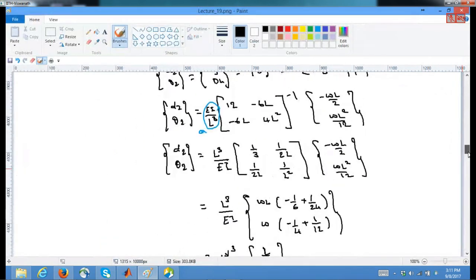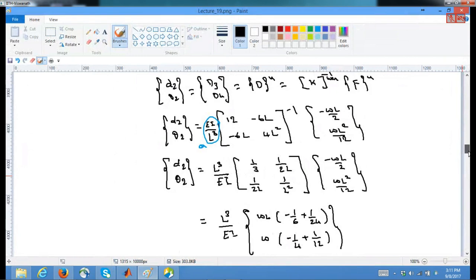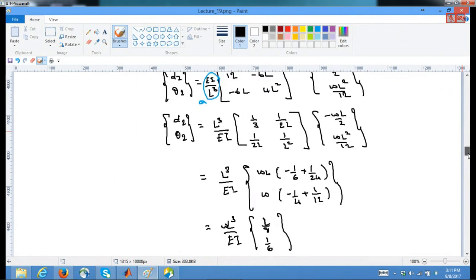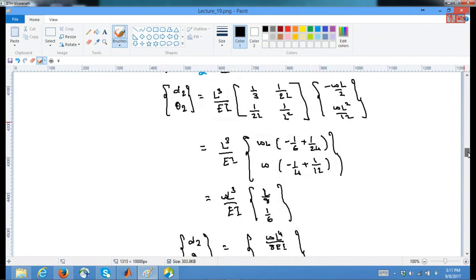Let me just check once again about my math. WL by 2, WL by 2, 1 over 6 is 24, into 3 into 6 minus 1 by 6. This is 1 by 4, 12. So this is 4, 3.